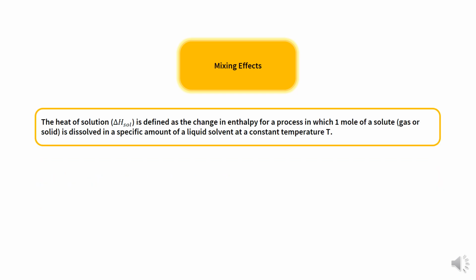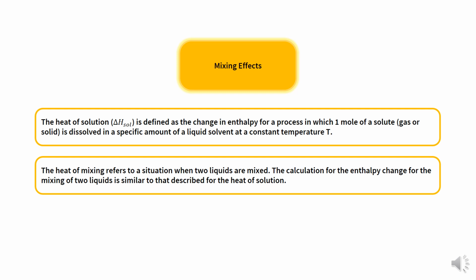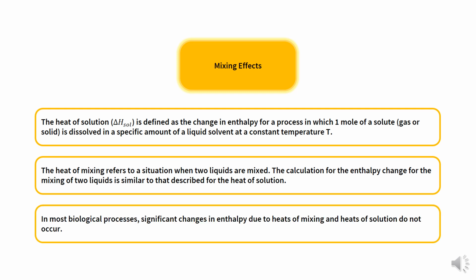The heat of solution, or delta H solution, is defined as the change in enthalpy for a process in which 1 mole of a solute, which can be gas or solid, is dissolved in a specific amount of a liquid solvent at a constant temperature T. The heat of mixing refers to a situation when two liquids are mixed, and the calculation for the enthalpy change for the mixing of two liquids is similar to that described for the heat of solution.